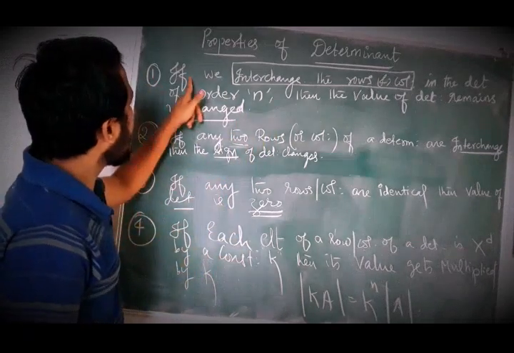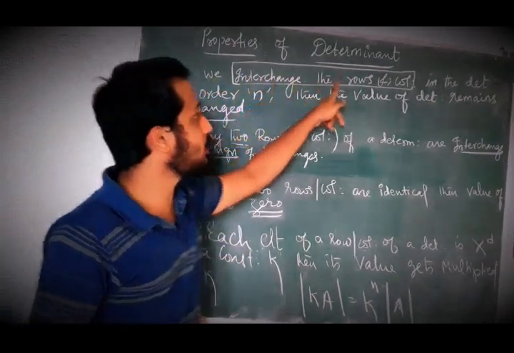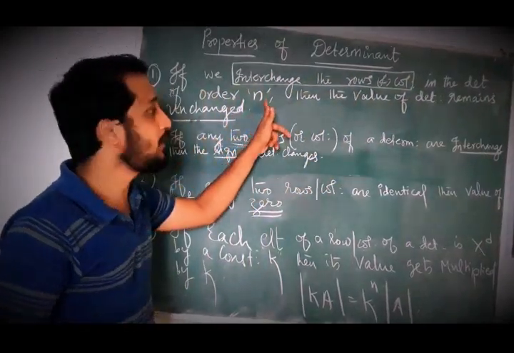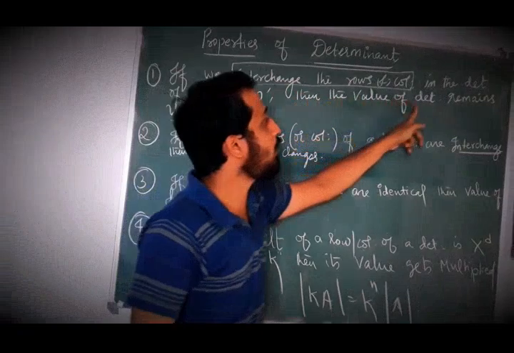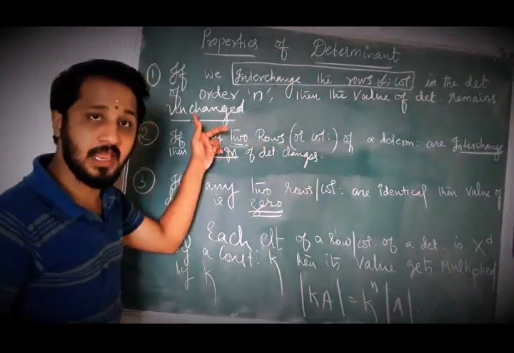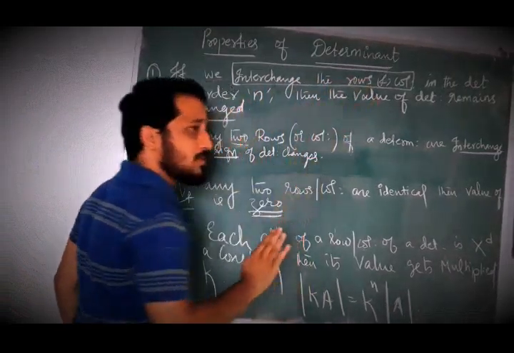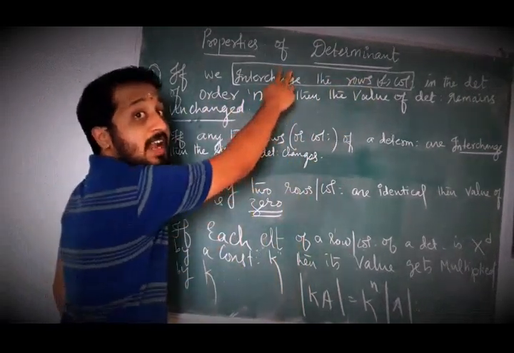First property: if we interchange the rows and the columns in the determinant of order n, then the value of the determinant remains unchanged. That means the concept of transpose.